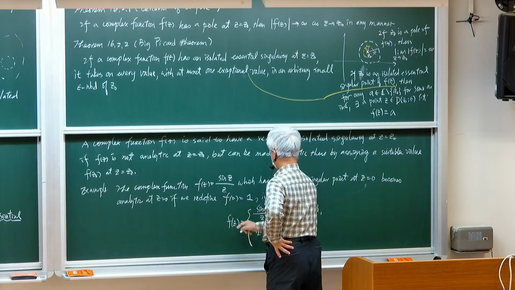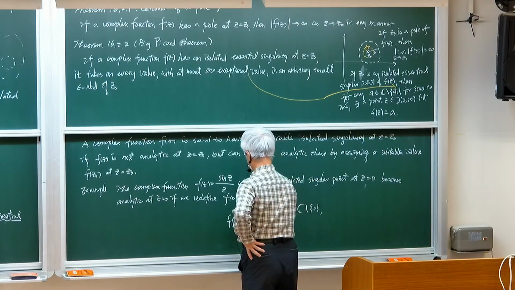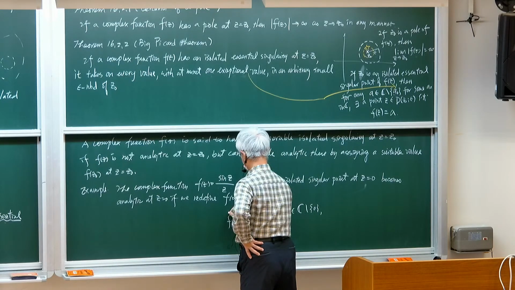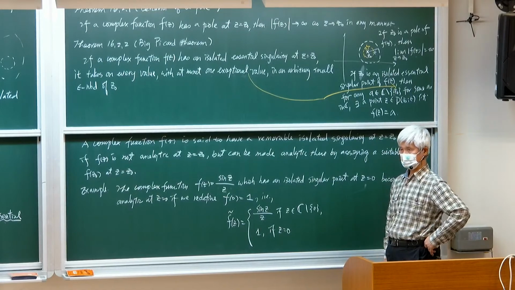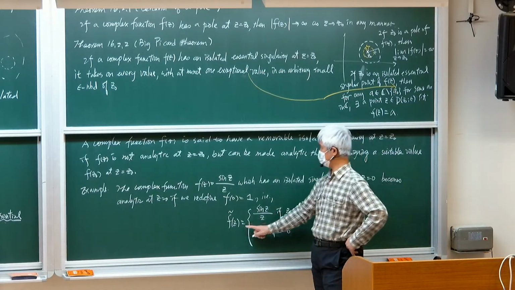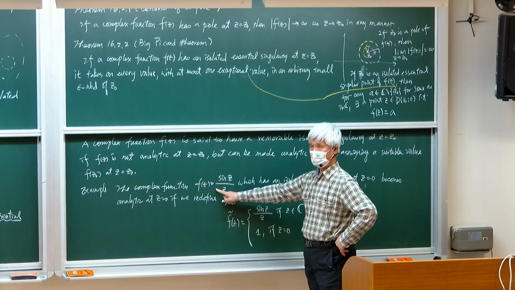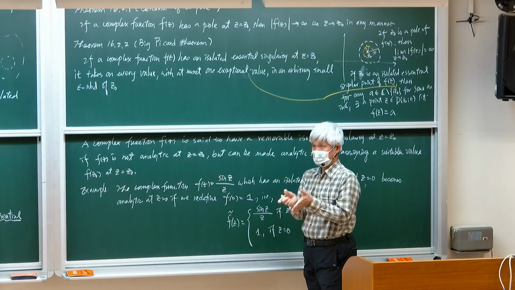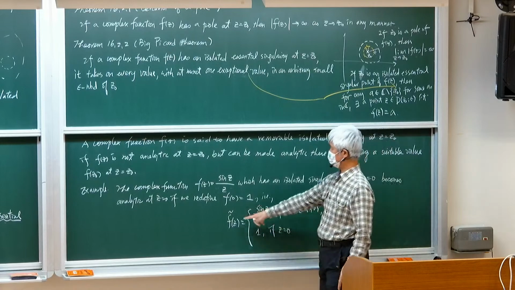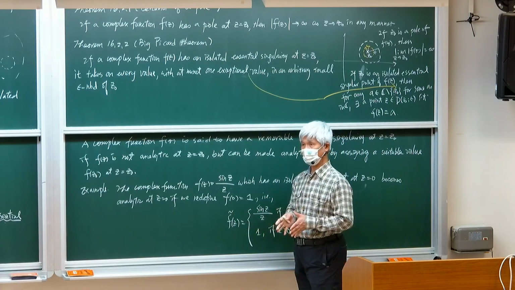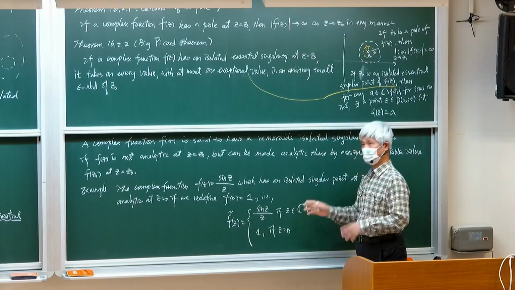So we will define a function we call f tilde. So this function is different from the original function. Why? Because the original function's domain excludes 0, but the f tilde function has a domain equal to the whole complex plane.